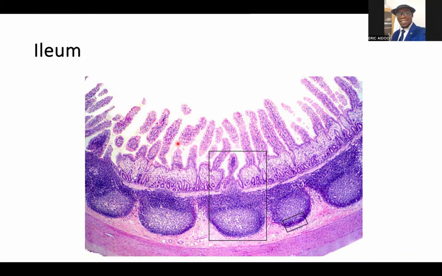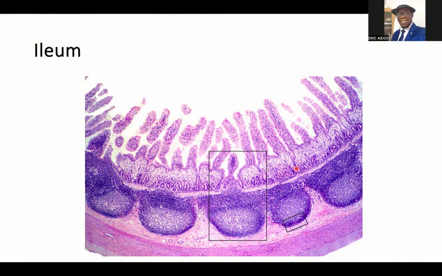So this is another type of micrograph of the ileum. I like this better than the previous one because it is well stained, and it also shows one characteristic of the ileum compared to the jejunum. These are lymphoid nodules. You have lymphoid nodules, as you can see there, occupying most of the submucosa.